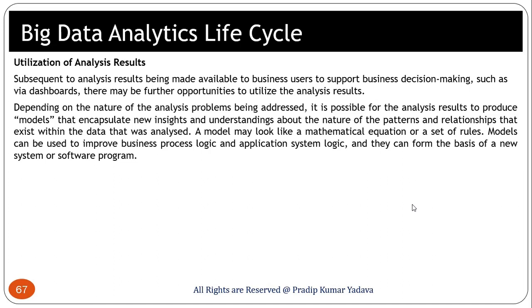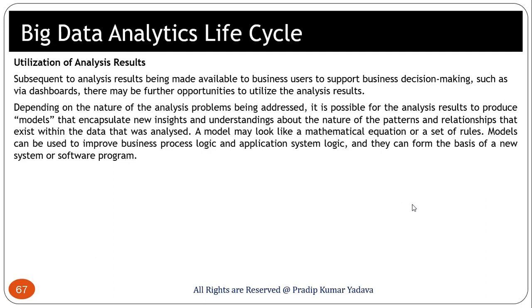Depending on the nature of the analysis problem being addressed, it is possible for the analysis result to produce models that encapsulate new insight and understanding about the nature of patterns and relationships that exist within the data that was analyzed. A model may look like a mathematical equation or a set of rules. Models can be used to improve business process logic and application system logic, and can form the basis of a new system or software program.